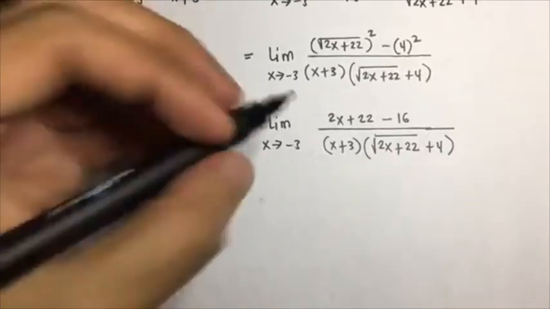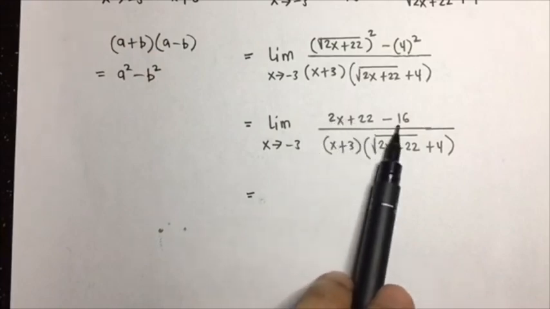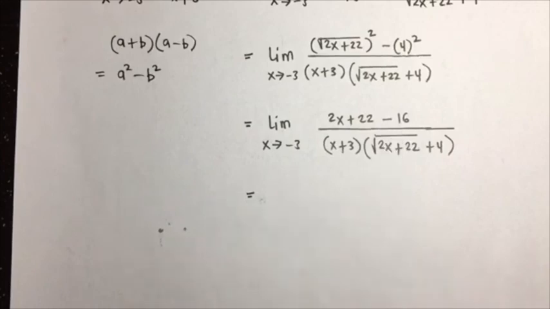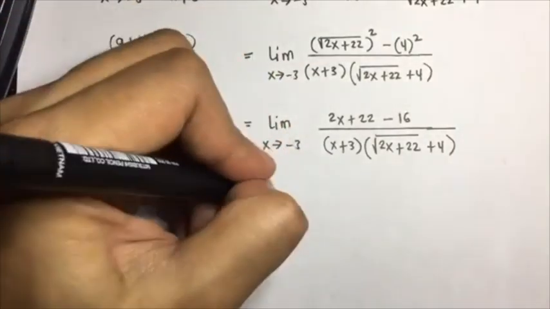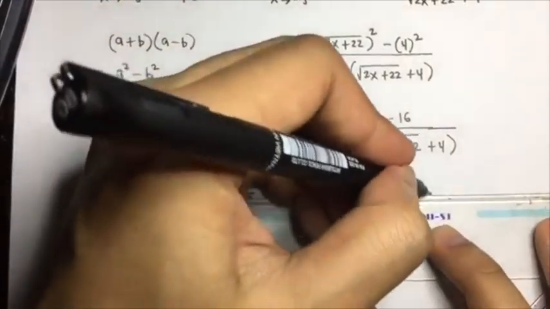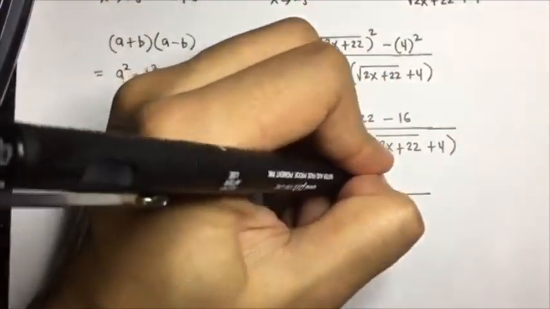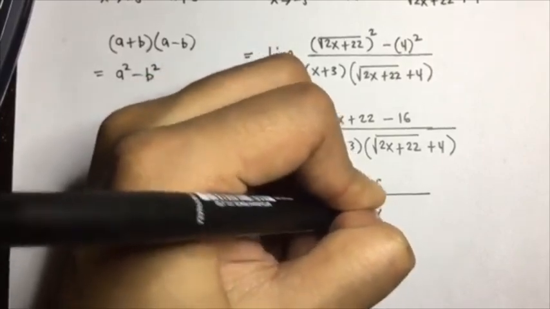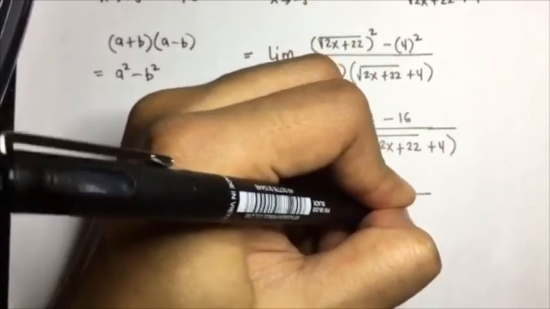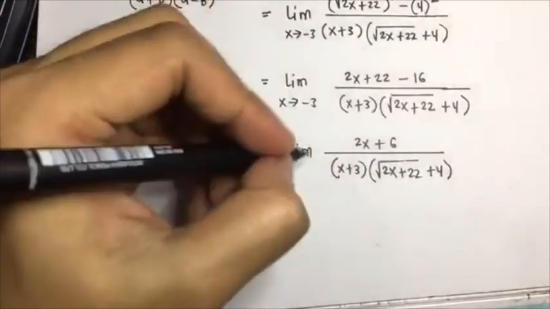Simplifying, 22 minus 16 is 6. So the limit becomes 2x plus 6 over x plus 3 times the square root of 2x plus 22 plus 4, as x approaches negative 3.